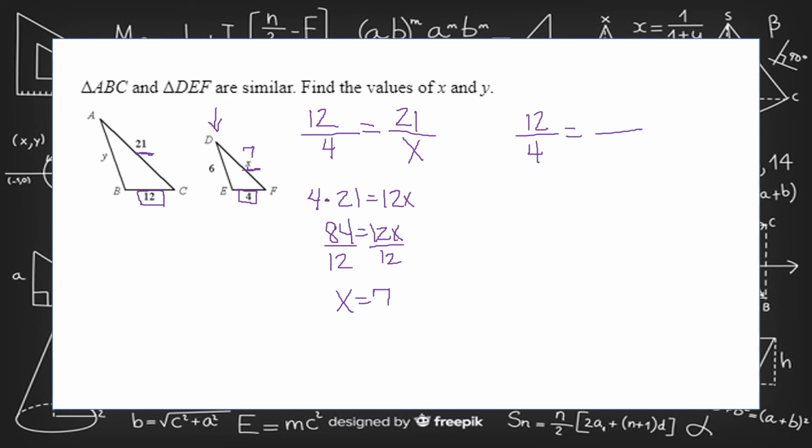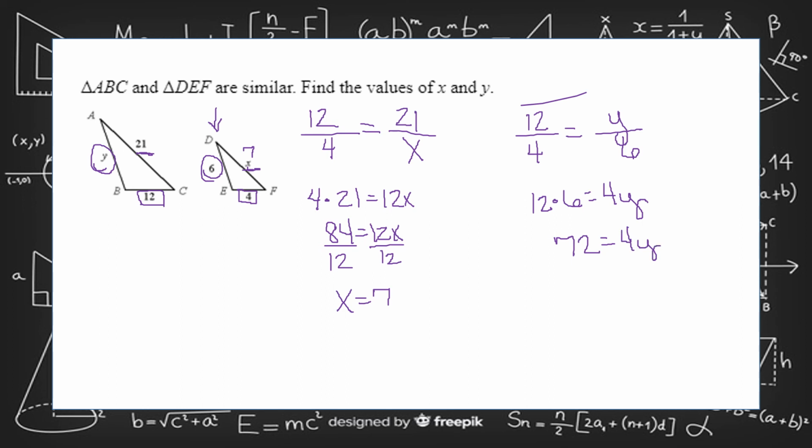So the y value is over here. It's on the big triangle, so I'm going to put it on the top. And its side that it matches with is that 6. So now I can cross multiply again. 12 times 6 equals 4 times y. So 12 times 6 is 72.